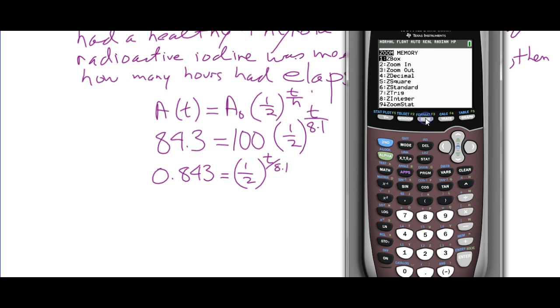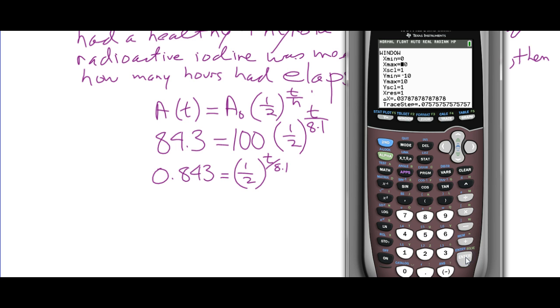And I'm just going to go zoom standard. So there's the 0.843, just around 1. And here comes this, a decay function, because the base is between 0 and 1. Somewhere in here is where it's going on, so I might want to reset my window.